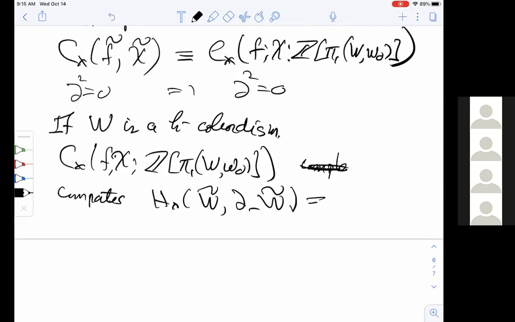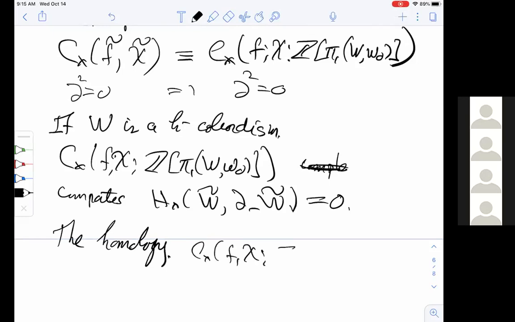But that's 0 if we have an s-cobordism. So if you have an s-cobordism, the homology of the chain complex that I've defined is 0.